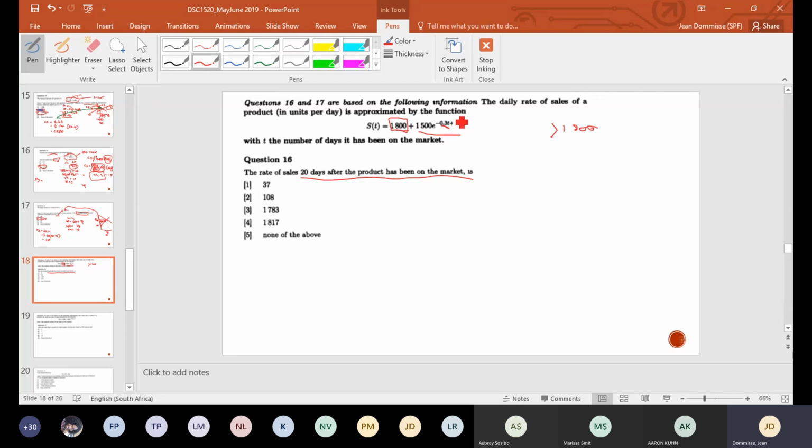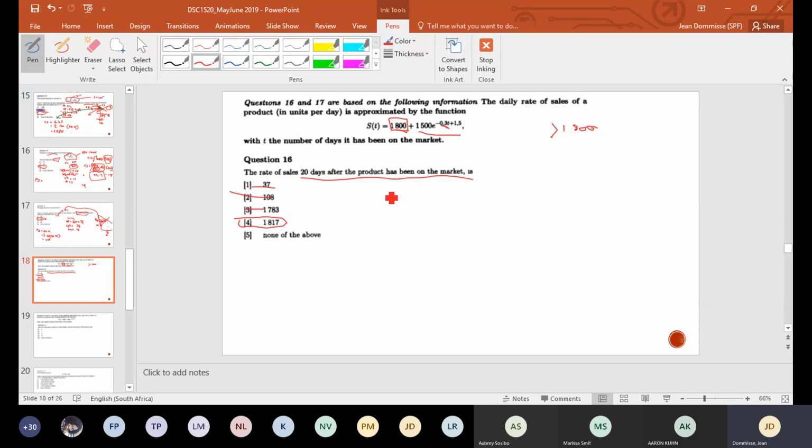So that will never be negative. So that tells me that whatever my answer is, it needs to be bigger than 1,800. So that's not bigger, that's not bigger, that's not bigger. There's my answer. Before we have even worked out anything, but let's just substitute and see what we get.